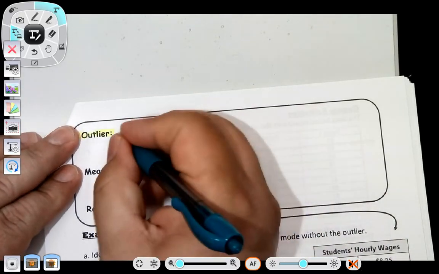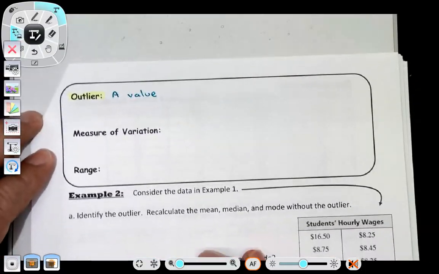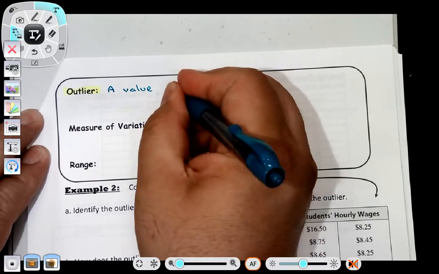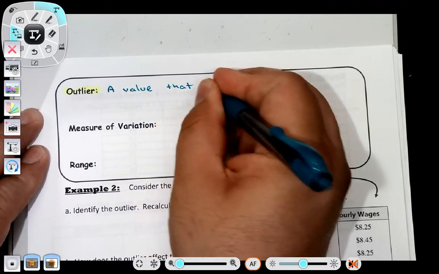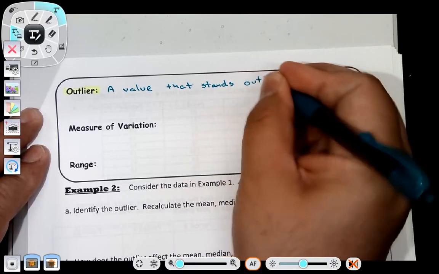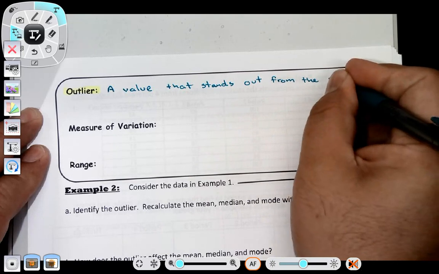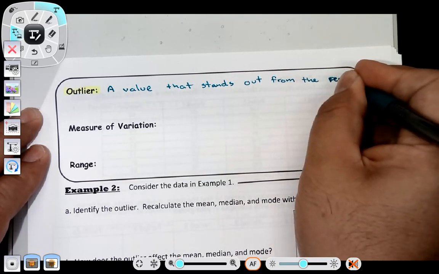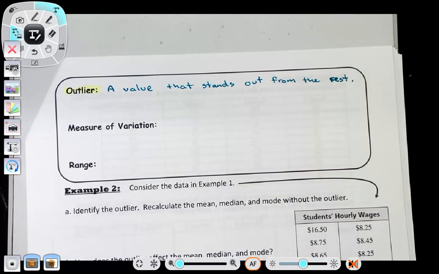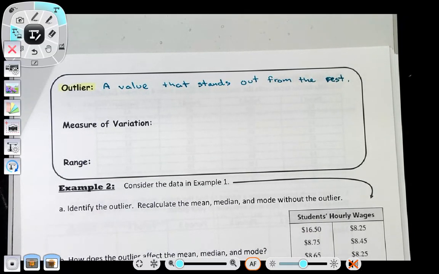So it is a value that stands out from the rest. Like you look at all your numbers and they're like, whoa, what happened to that one? Right? It's way too big or it's way too small compared to everybody else. So that's what an outlier is.